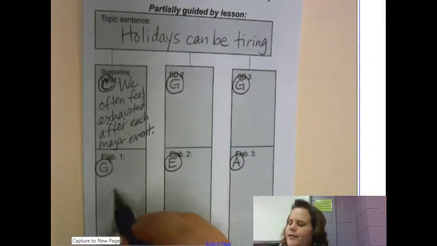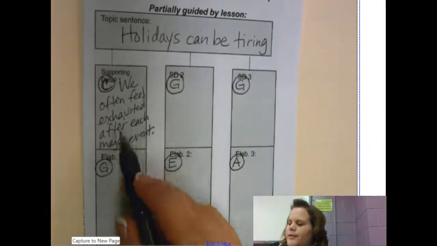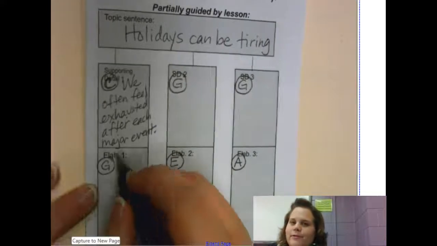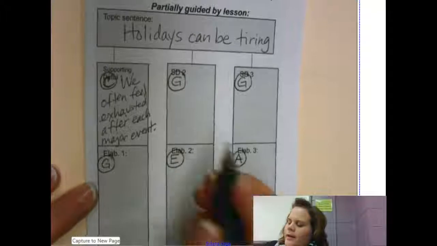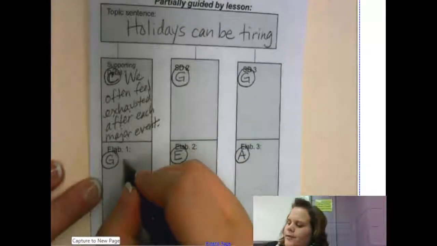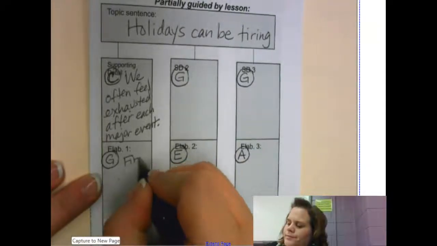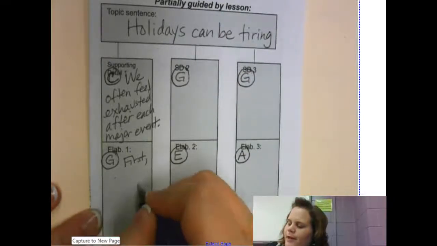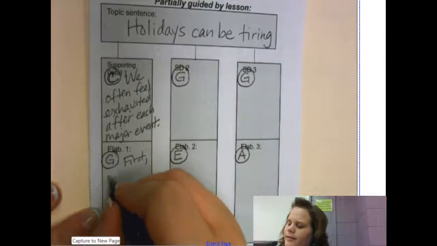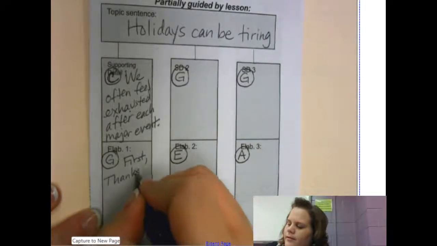So let's go through one example right here. We often feel exhausted after each major event. You need a transition word every single time you switch boxes. So, first, let's start with maybe the first major holiday, Thanksgiving.